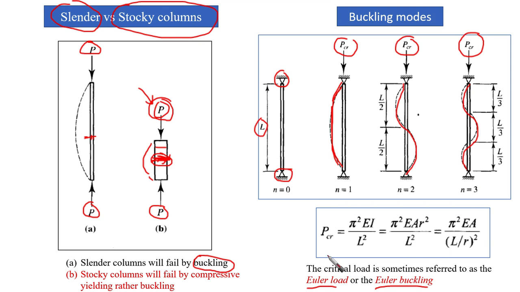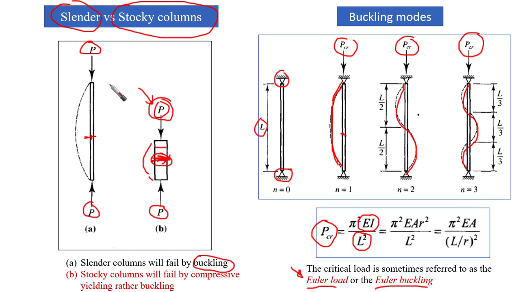Due to Euler's investigation, we found that PCR, the critical buckling load, is a function of, as you can see from this equation, EI, the inertia of the cross section itself, and it has something to do with L, the length of the column.